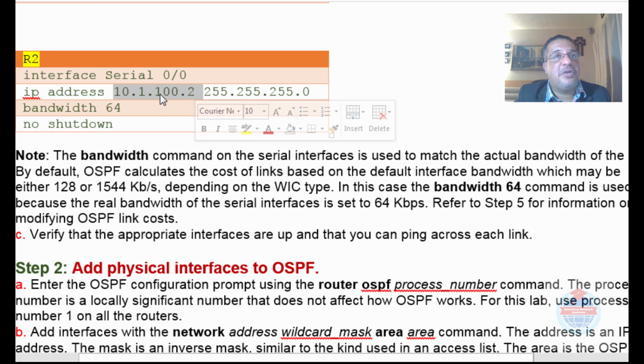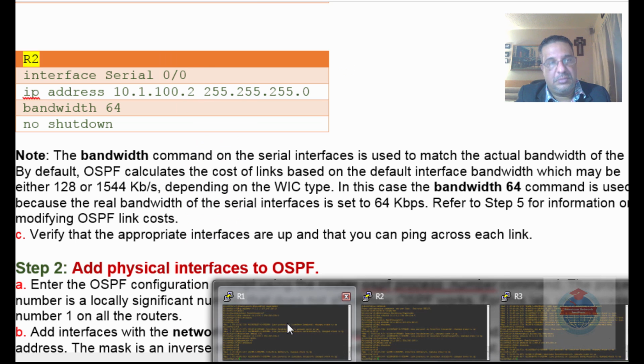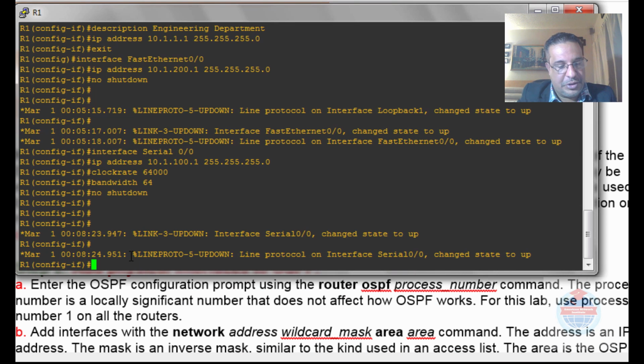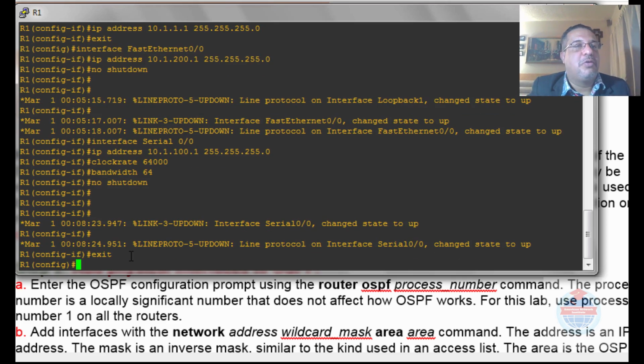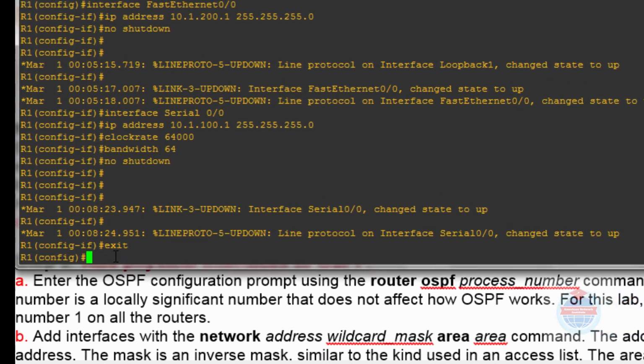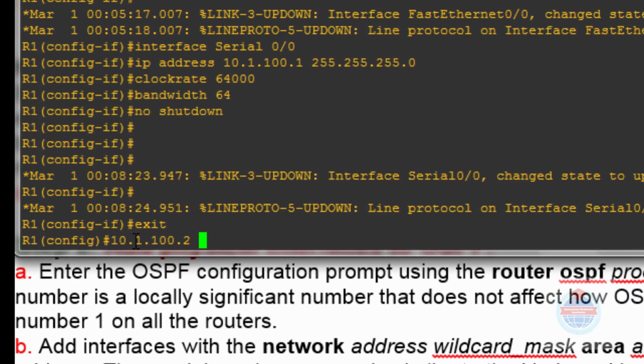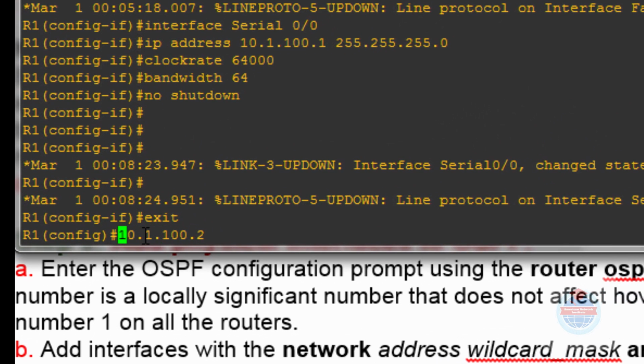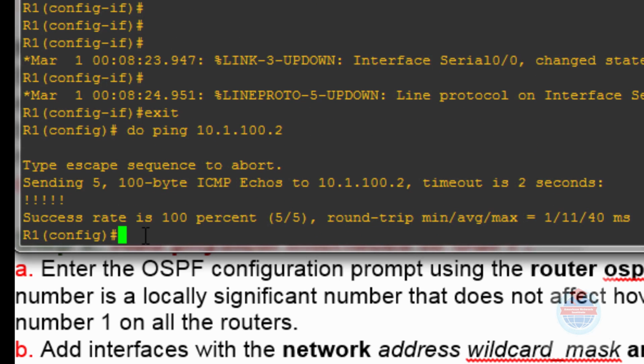So this value over here, let's see. You see over here, and we're gonna do ping. Everything is 100%, and I am very, very happy.